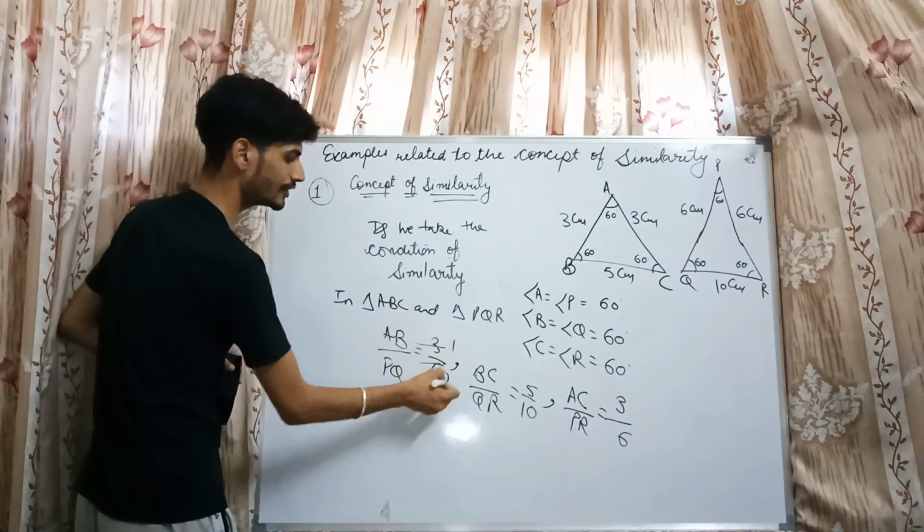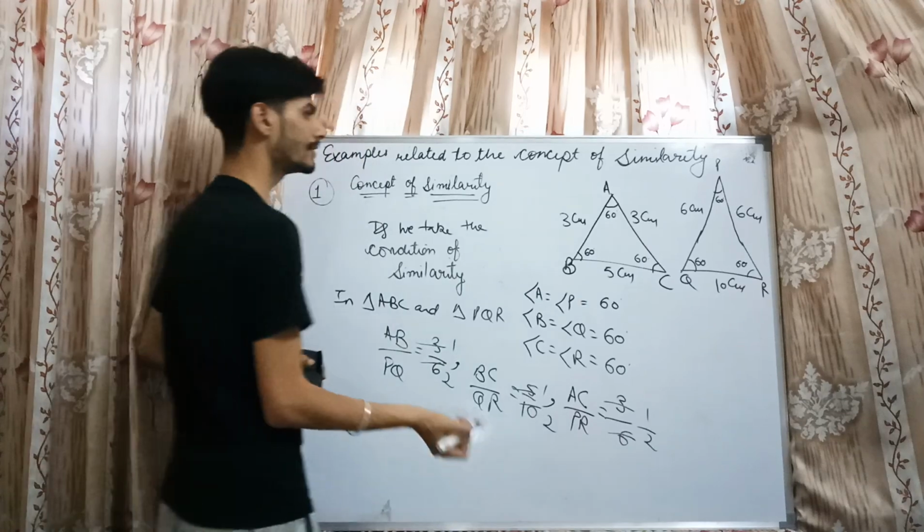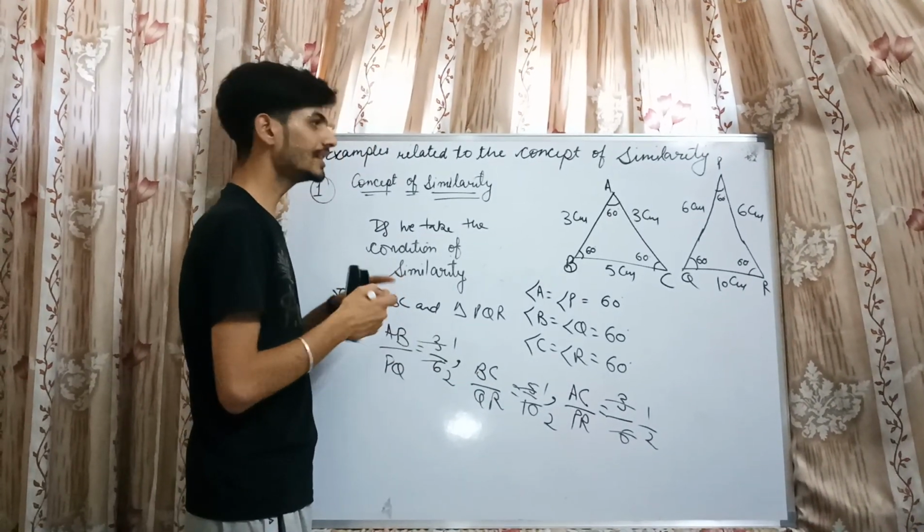Here we get 1 upon 2 as the proportion. So the proportion for both the shapes is equal, but there is no congruency.